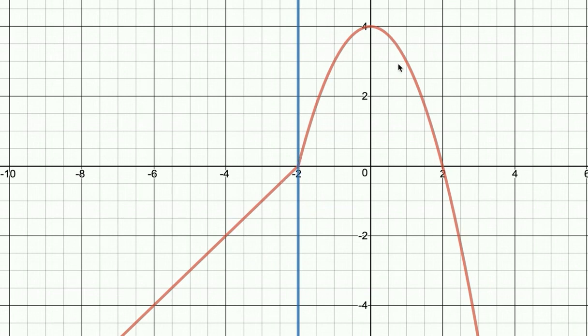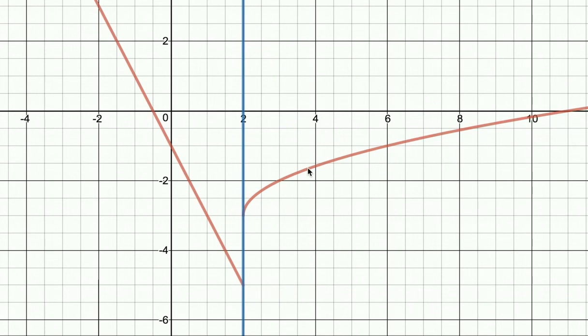To the right, it's a parabola shape. It's an opening down parabola shape, and I see the vertex went from 0 to 4. So the parabola equation is going to be y equals negative x squared plus 4. Dividing line is x equals negative 2.